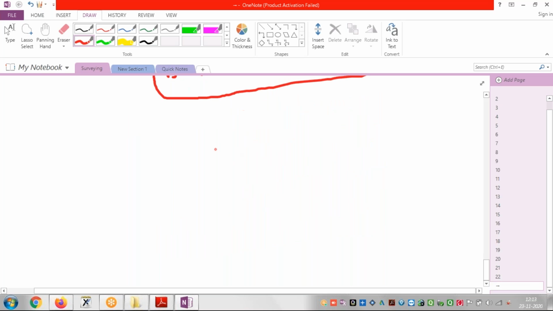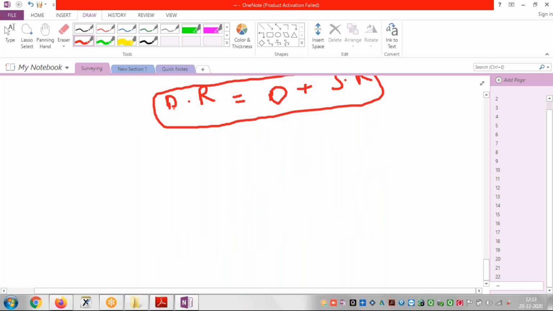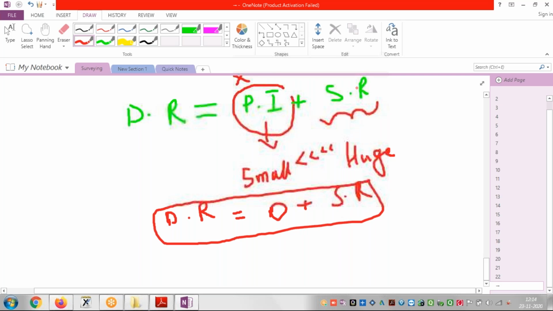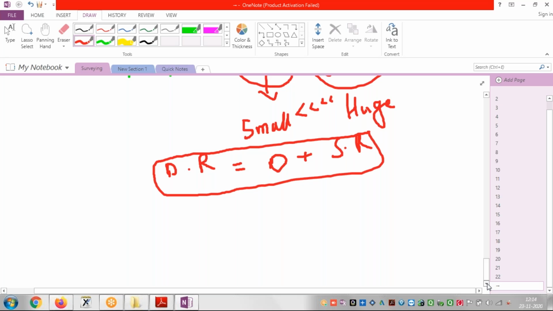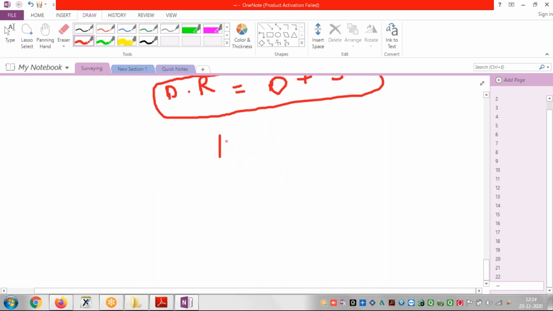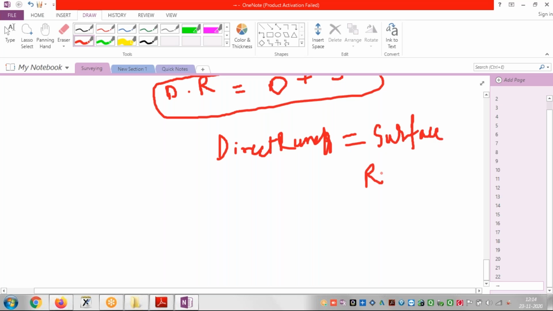I think it is clear. So we can say that direct runoff is equal to surface runoff, because compared to the surface runoff, this prompt interflow is very small. Hence, we can neglect this quantity, and we can say that direct runoff is equal to surface runoff.